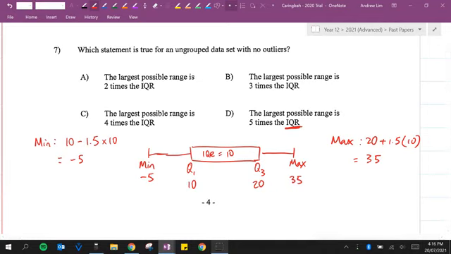So the largest possible range, according to this question, is 35 minus 5, which is 40. And that is 4 times the interquartile range of 10.